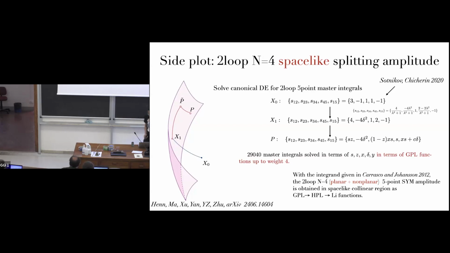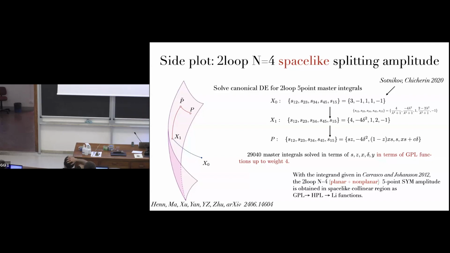You can get the analytical boundary value from the package Pentagon MI. And then we solve the differential equation, first to a special point in this pink region. This can be done by a very special curve. On this curve, the square root is rationalized, so everything is solved as GPL functions.